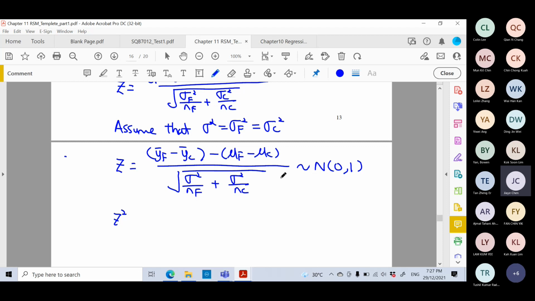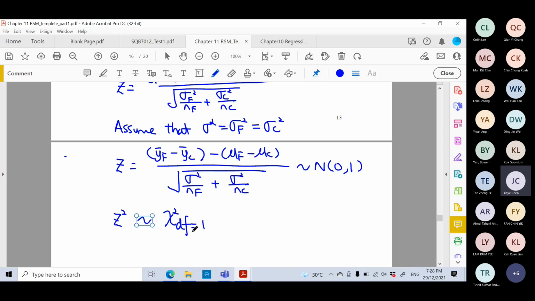If you square the standard normal, you will get the following: the square of this statistic follows the chi-square distribution with degrees of freedom equal to 1.